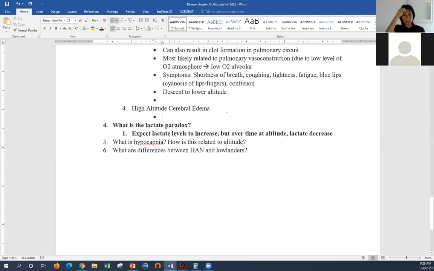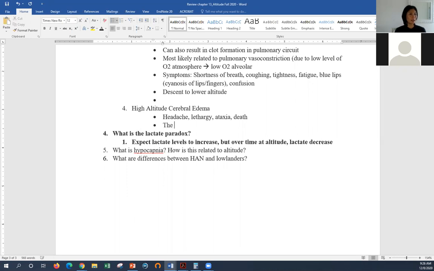High altitude cerebral edema is going to result in different symptoms, right? Headache, lethargy, fatigue, ataxia, and it can lead to death. So this is typically the most serious high altitude illness.